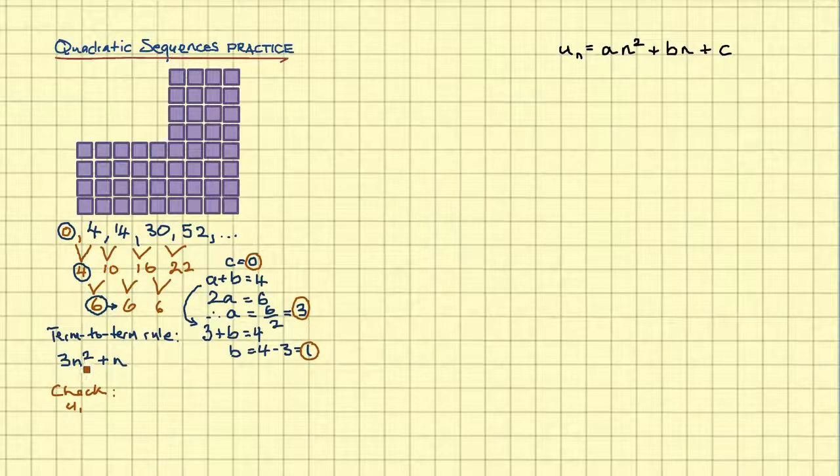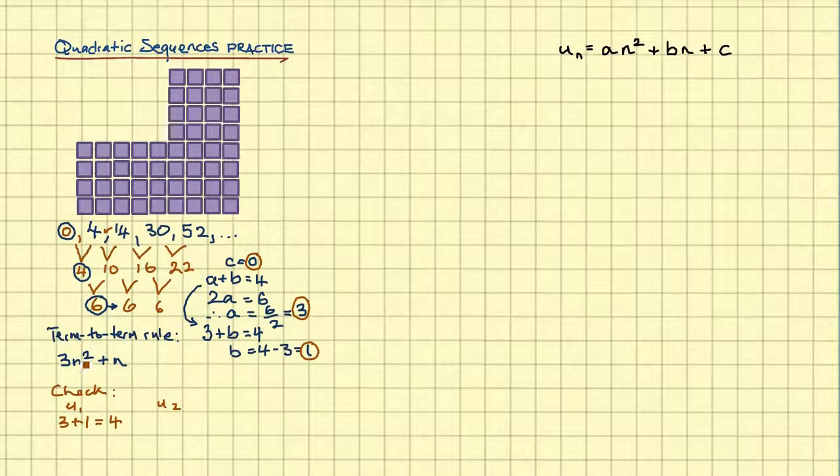So first of all, if n equals 1, n squared is also 1. 1 squared is 1 times 3. So the first term, we'll call it u1, is going to be 1 times 3, 3, plus 1. In other words, 4.